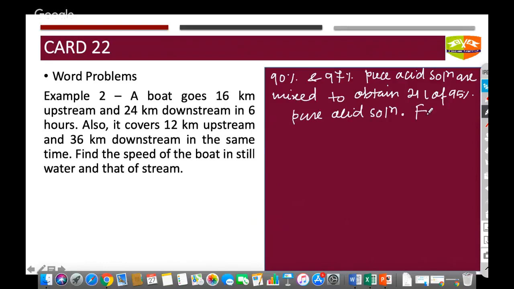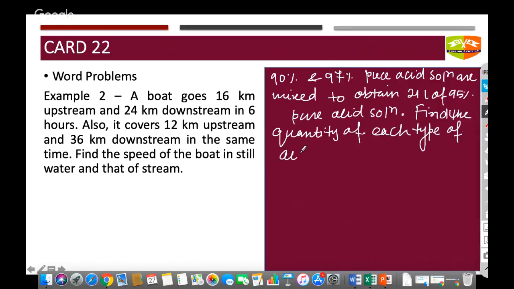Find the quantity of each type of acid to be mixed to form the mixture.